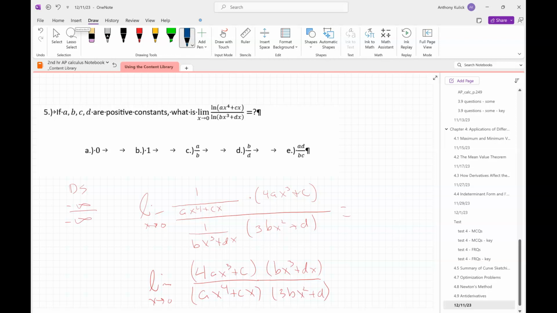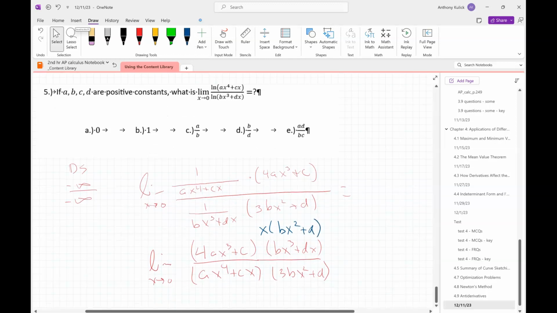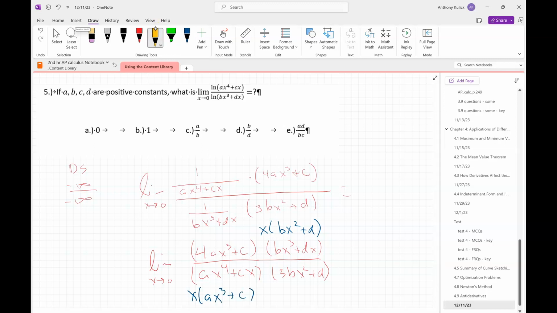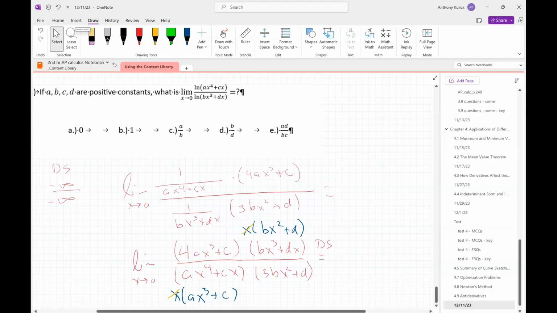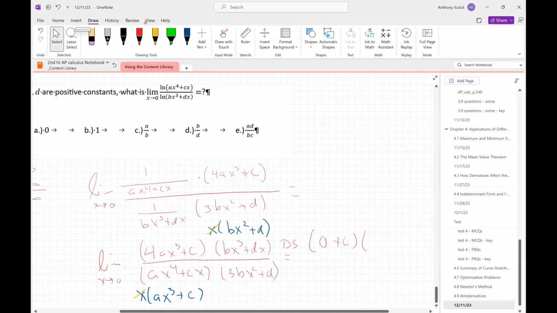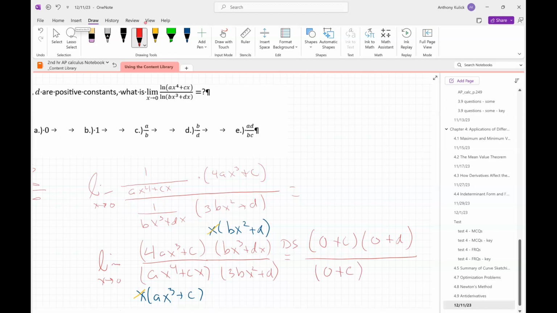Okay. If I look, I can factor an x here and also here, right? Everybody see that? Can reduce that x, and now when I do a direct substitution, I have 0 plus c times 0 plus d over 0 plus c times 0 plus d.